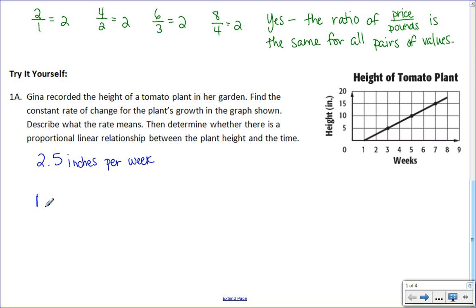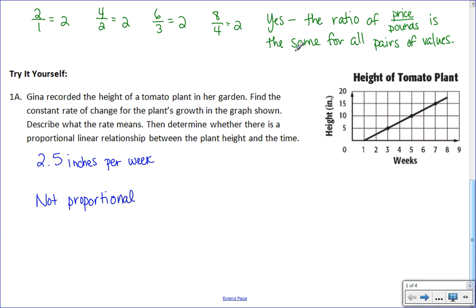So this is not proportional. And that's because the ratio, unlike in example one, where the ratio was the same for all pairs of values, in this case the ratio is different for each pair of values. So that makes it not a proportional linear relationship, or not a direct variation.